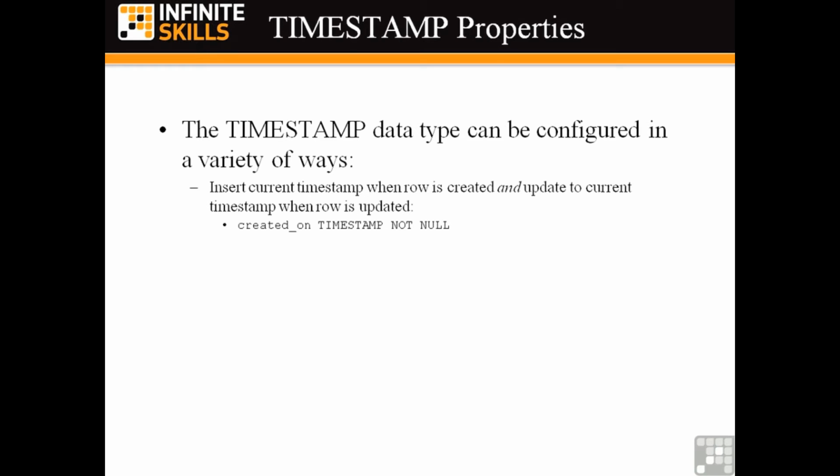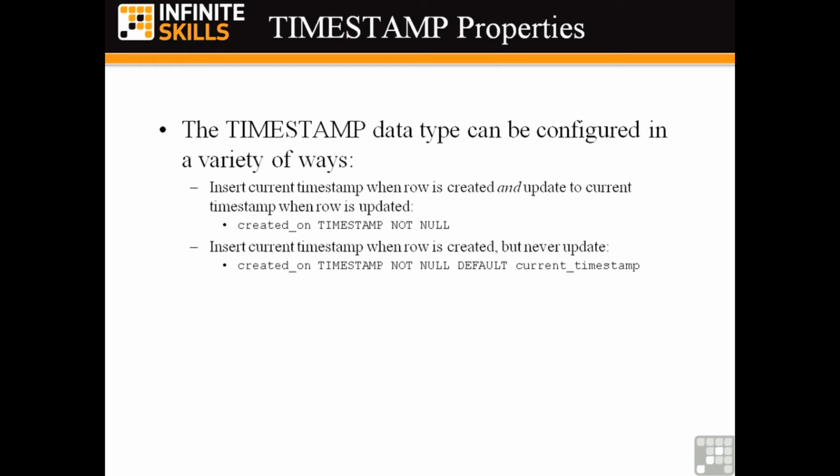So you would use this particular definition when the goal is to both create a timestamp and then update it every single time another piece of information in that row is updated. If you do want a timestamp created when a row is created but never updated, you would define the column like this: created_on, timestamp, not null, and then default current_timestamp.